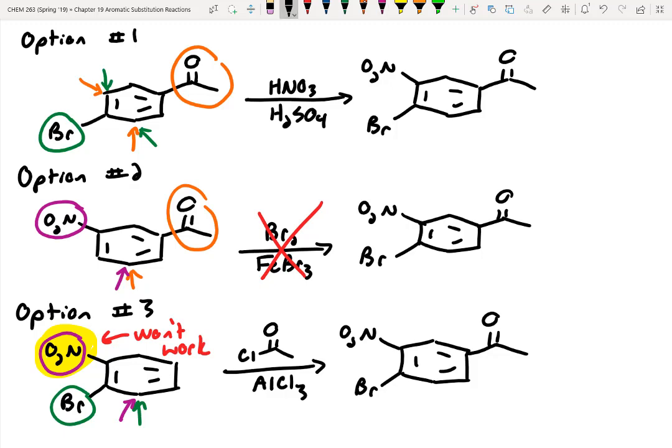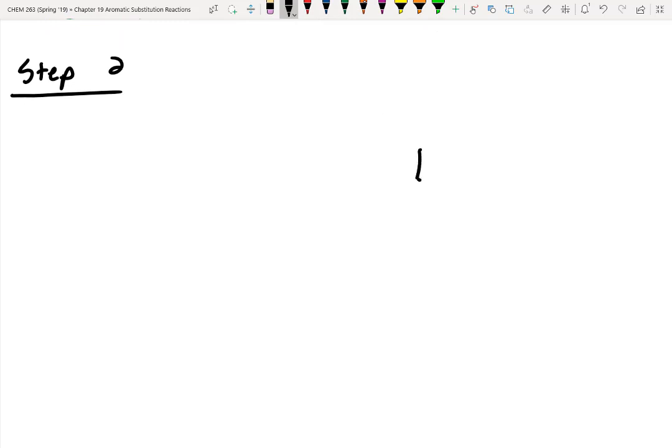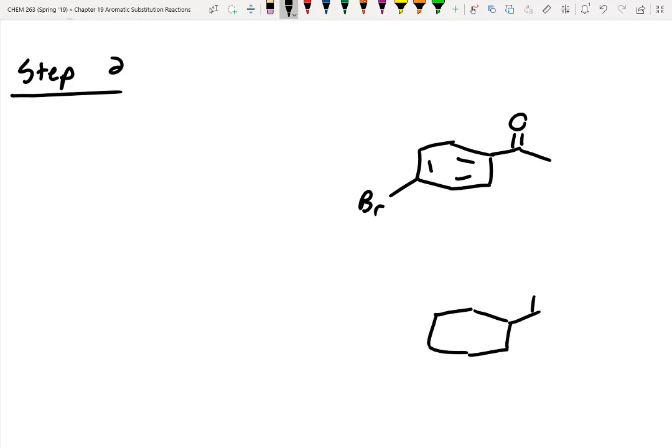All right, so now we need to figure out how to make para-bromoacetophenone. So with para-bromoacetophenone, we've got a few options. I'll just write it out twice just to keep our formatting consistent.